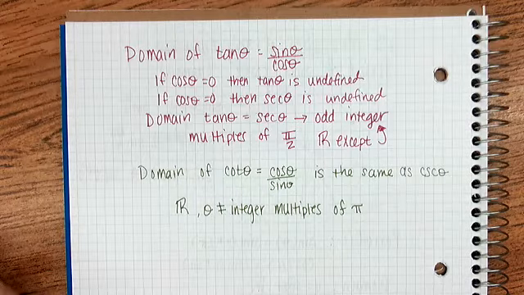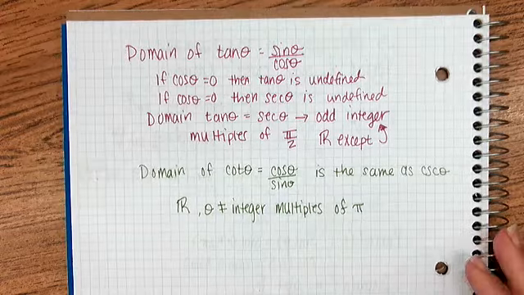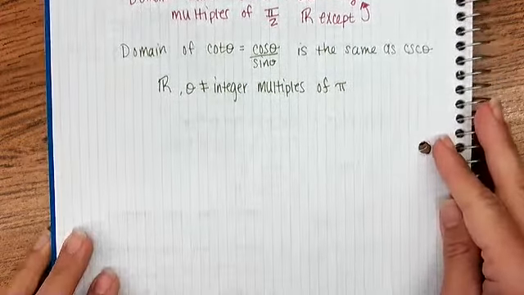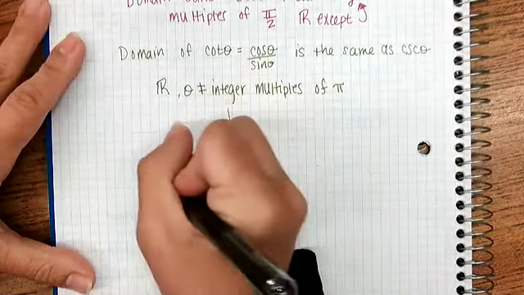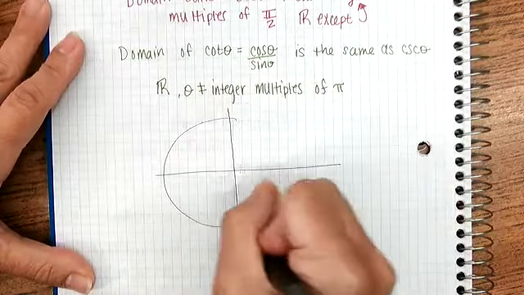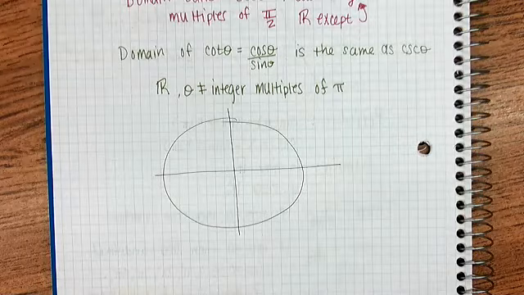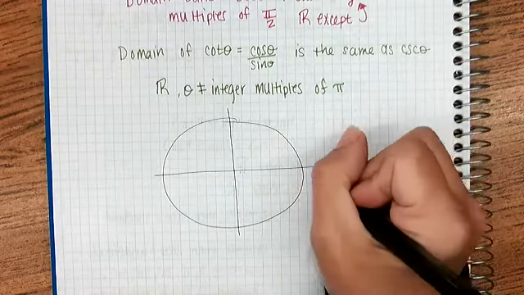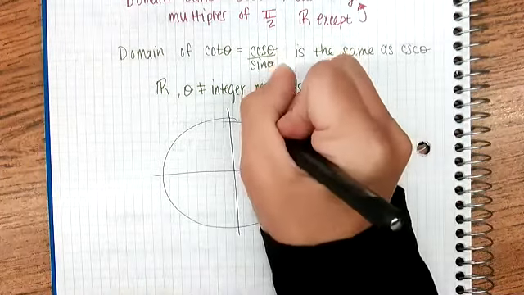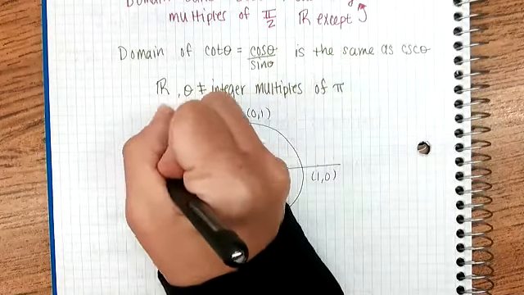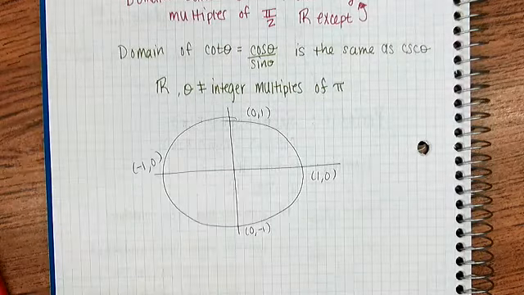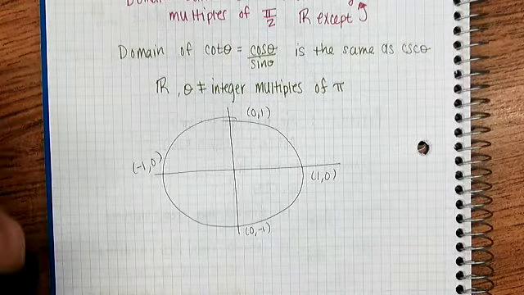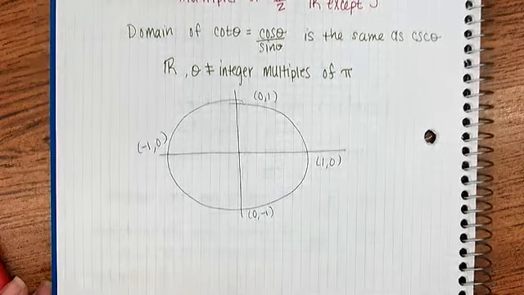Okay, let's take a look at the range. All right, so again, I have my beautiful circle. Let's look at the range starting with sine.